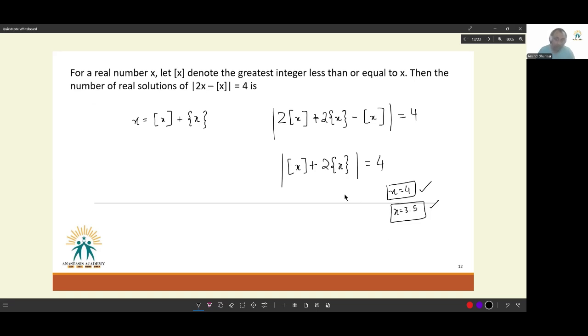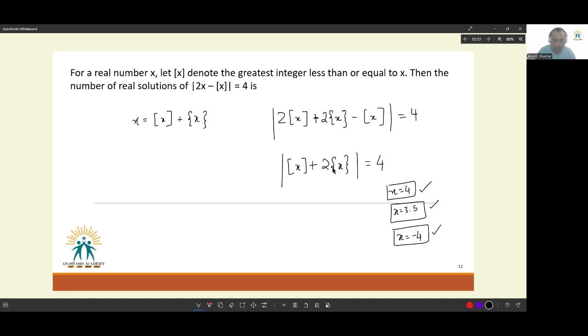Now, let us look at the negative world. If I take x equal to minus 4, no decimal part, yes, it definitely works.